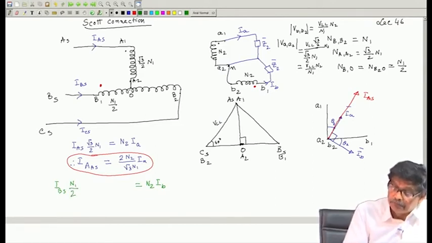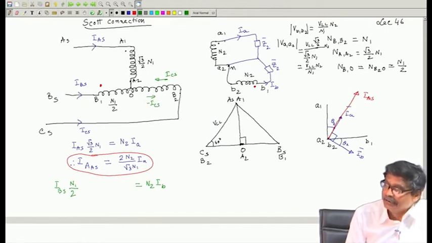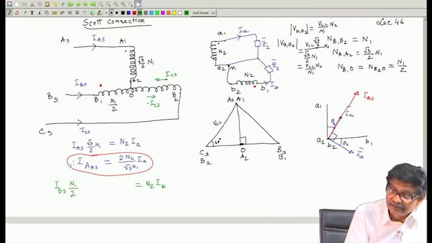And for this part, current flowing in this direction, that is I_CS, or I can say minus I_CS is flowing from right to left, and this is also dot.